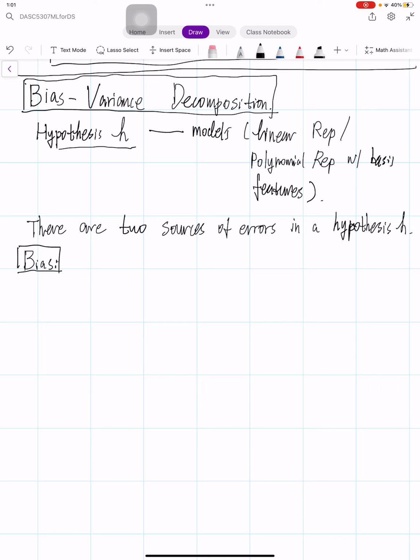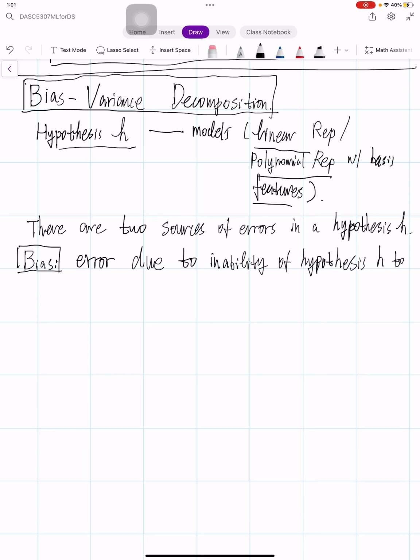So no matter what model you choose, there is some bias between the model and the truth. So the bias here is the error due to the inability of hypothesis H to fit g perfectly.